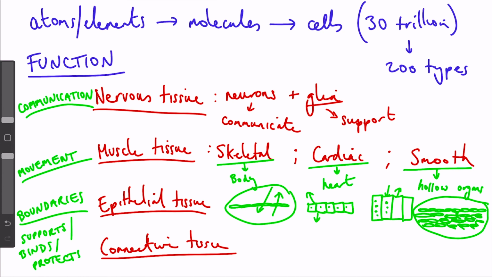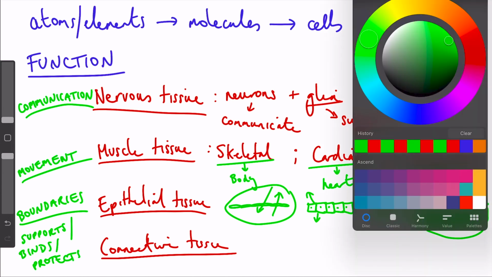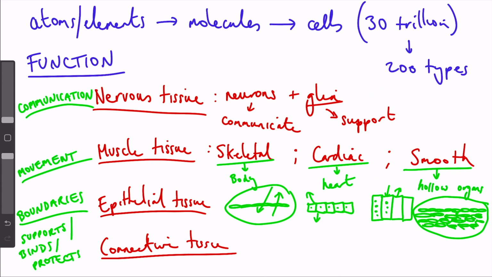Amazingly, there's many types of connective tissue. So, for example, bone is connective tissue. Blood is connective tissue. Cartilage is connective tissue. So you can have very solid things like bone, you can have liquid things like blood, and you can have semi-solid things like cartilage.